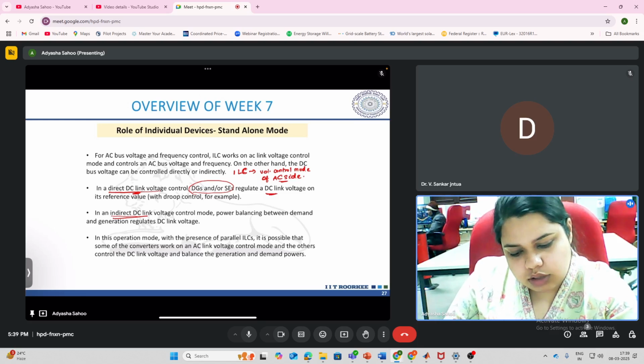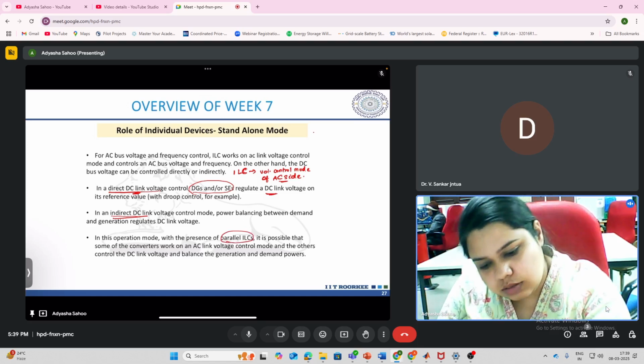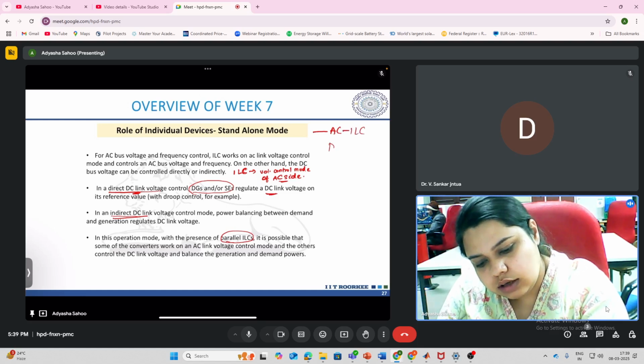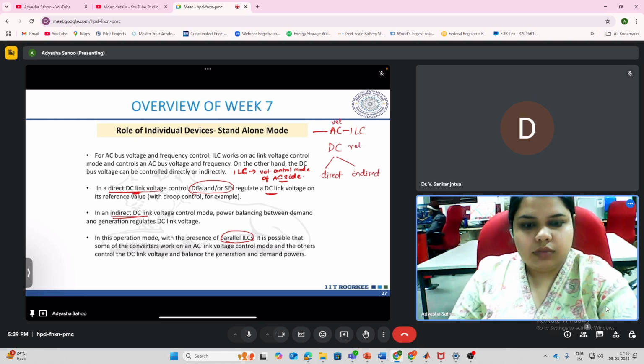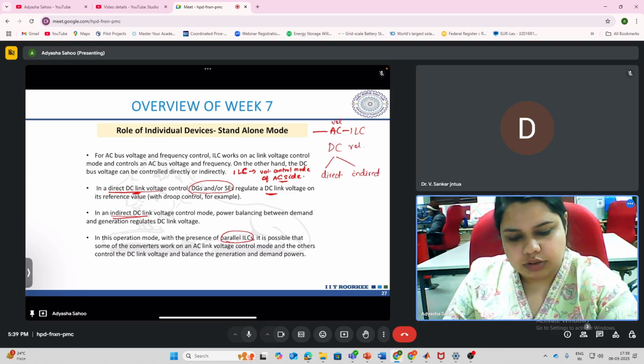So here also you can have parallel operation of the ILCs. Here AC is controlled by the ILC and DC you have direct, indirect. This is for standalone operation.